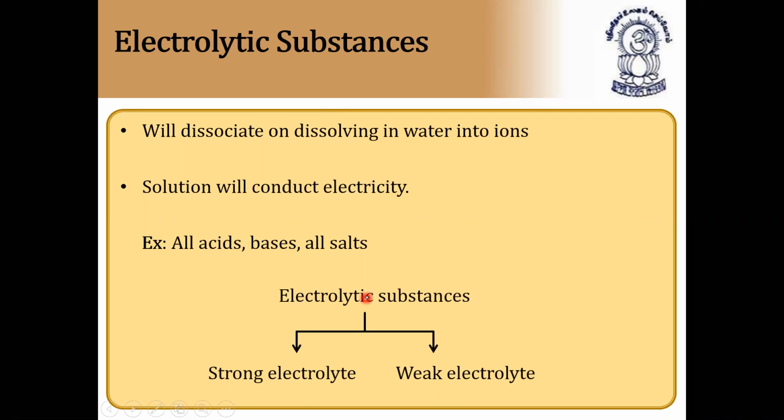Electrolytic substances are further classified into strong electrolytes and weak electrolytes. This is very, very important, because to understand ionic equilibrium you should know this. What is a strong electrolyte and what is a weak electrolyte?